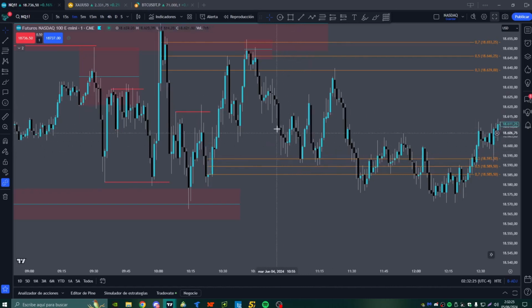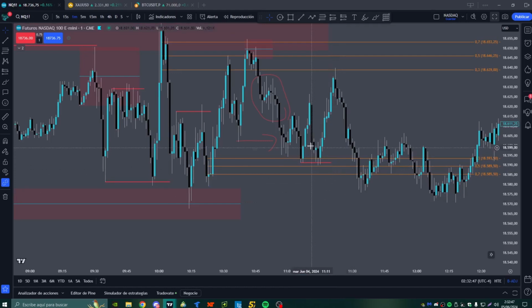A boss even gave a flip here, upwards. Flip, which led to what? This was responsible for breaking this, and with that, it created the double bottom. So it sweeps again, and history repeats itself. Flip.